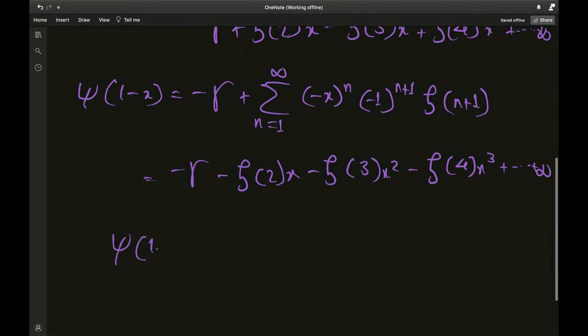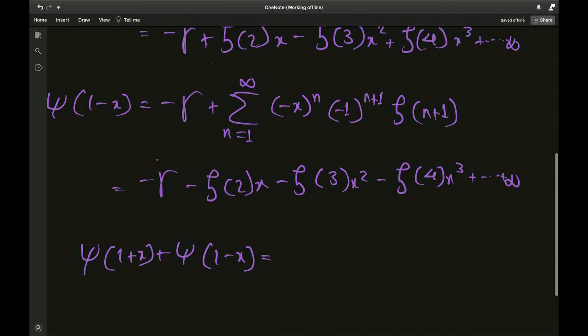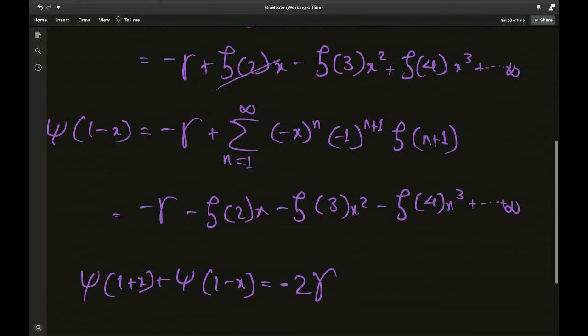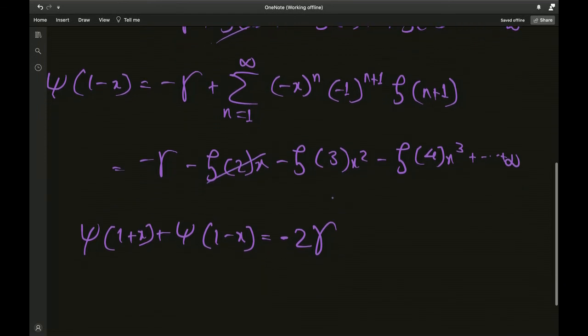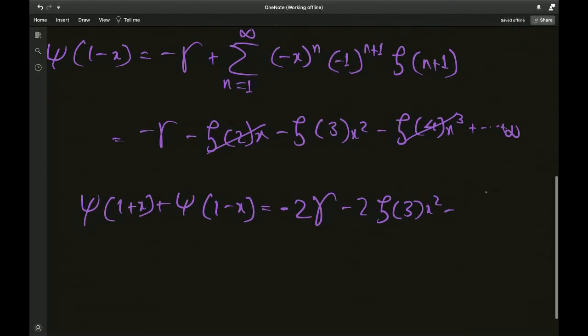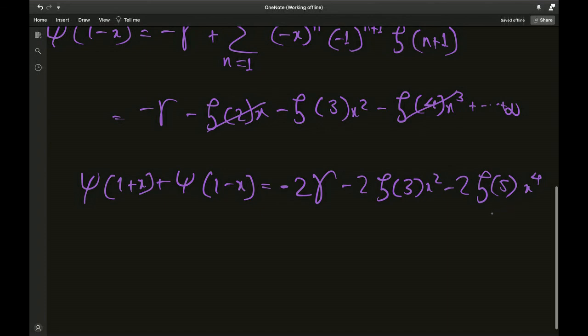If we have Digamma of 1 plus x added with Digamma of 1 minus x, the Euler-Mascheroni terms will add up, this guy cancels with this, so we basically have negative 2 times Riemann zeta of 3 x squared, and then this 4 cancels out, so I'll just write the next term after it, 2 times zeta of 5 x to the 4th, and so on.